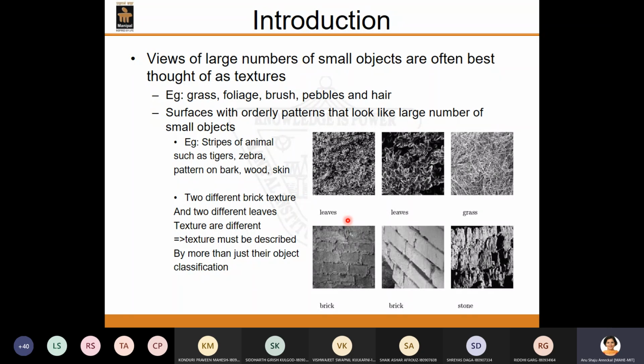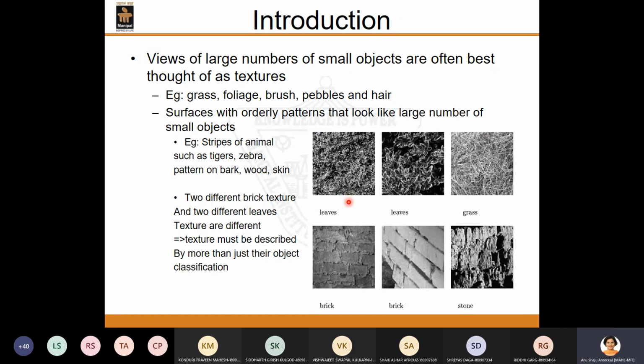And further, once you have the texture information, or you are able to represent the image in the form of its texture, you may be able to perform various tasks. For example, you can do texture synthesis, that is, you can try to synthesize or generate new images which have the same texture as the sample images that we have, okay, and so on. So there are various applications of the texture information which is present in the image.